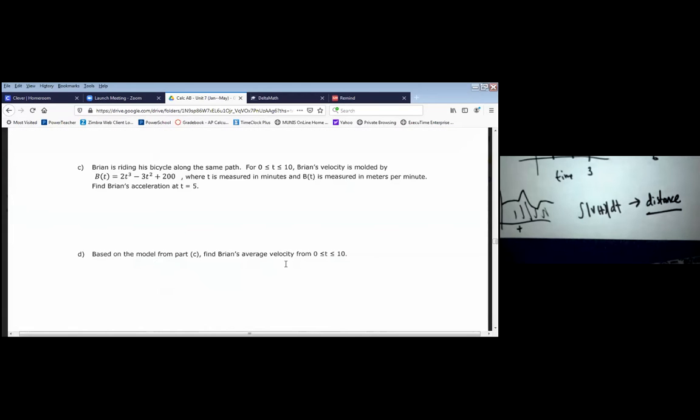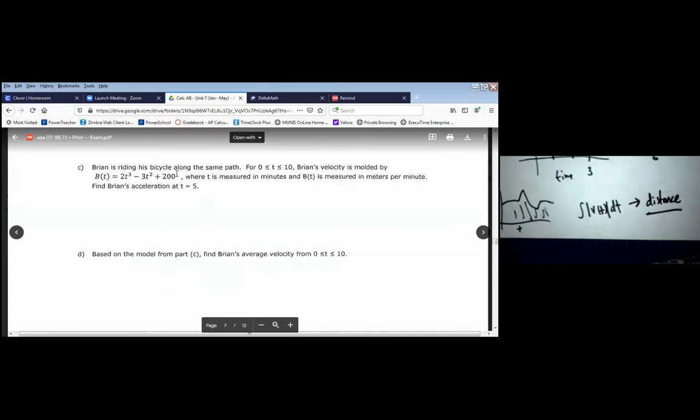So 1 over b minus a, that's 10 minus 0, that's 10. I want to do 1 over 10 times the integral of velocity. We have a formula up here in part C, so you take that formula and that's your integration, with bounds from 0 to 10.